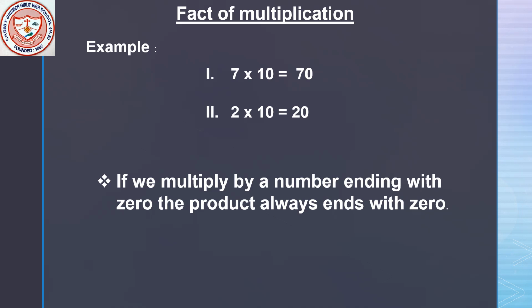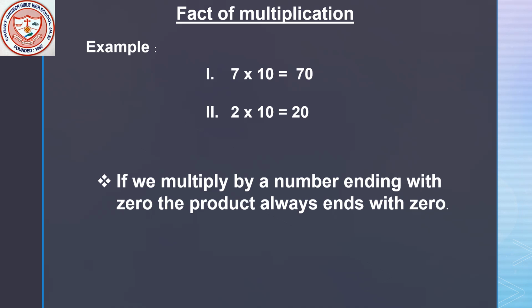And see, it ends with 0. Similarly, 2 into 10 is equal to 20. So here 20 is the product and it ends with 0. So when we multiply by a number ending with 0, the product always ends with 0.